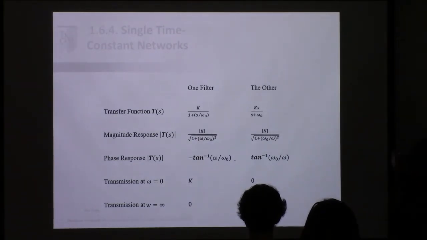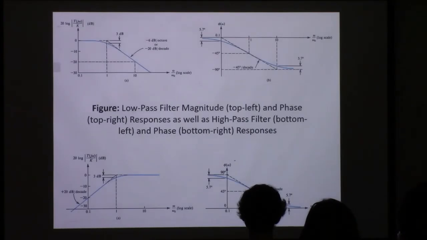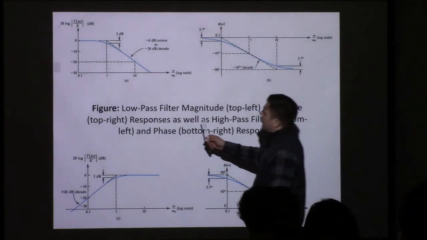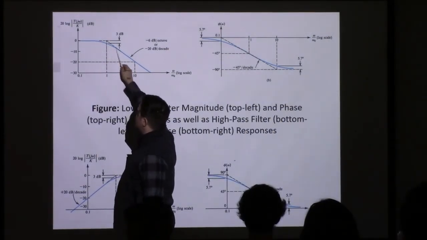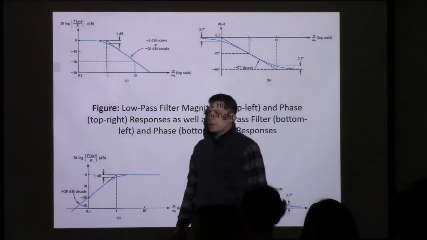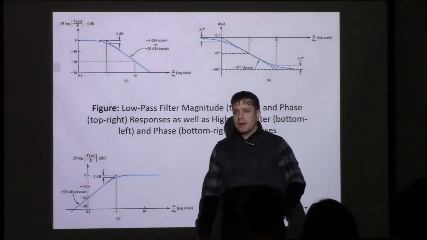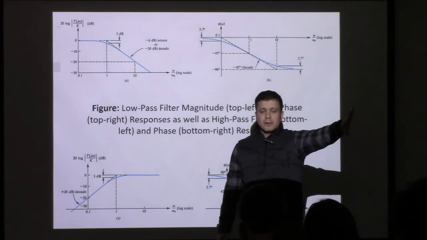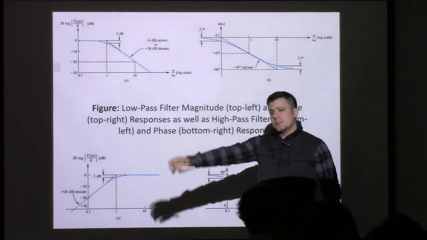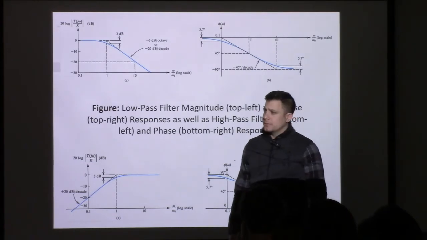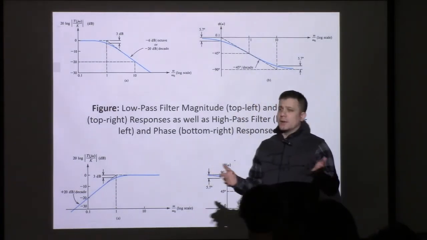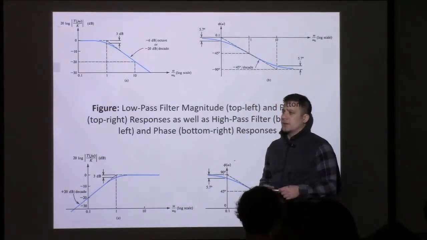The best definition of it is in this figure here: it is the point at which we have a separation between where a signal is allowed to pass and where it is beginning to be blocked. Mathematically it's defined as 1 over RC, so we control it by the ratio of the resistive and capacitive values.